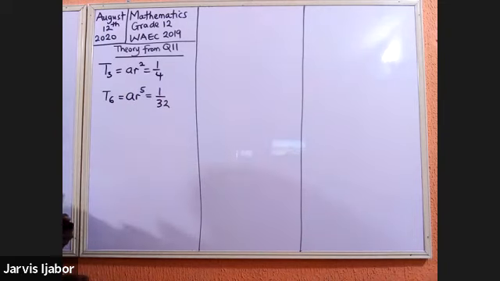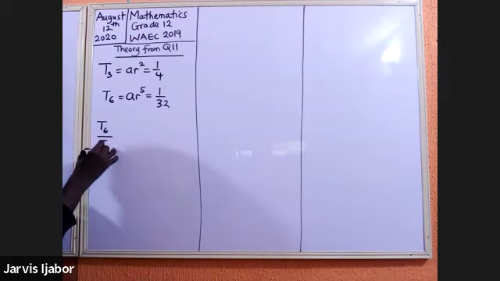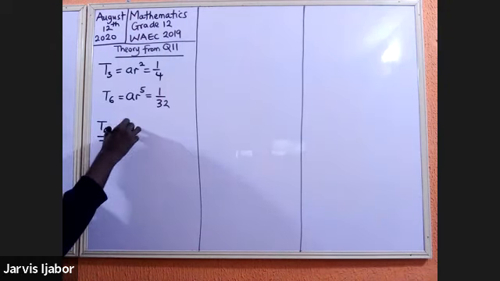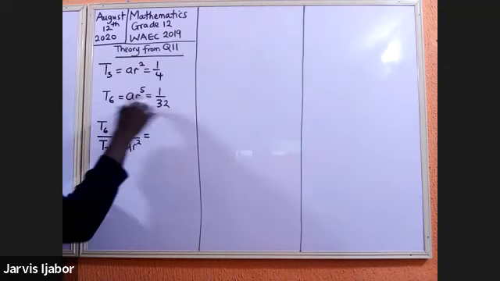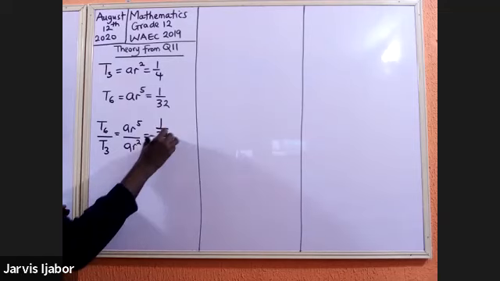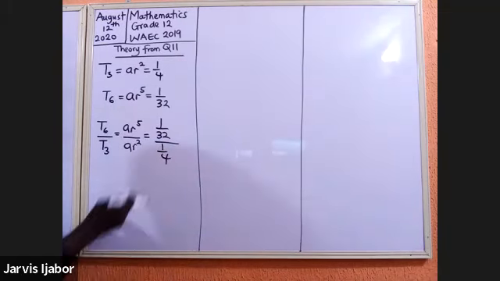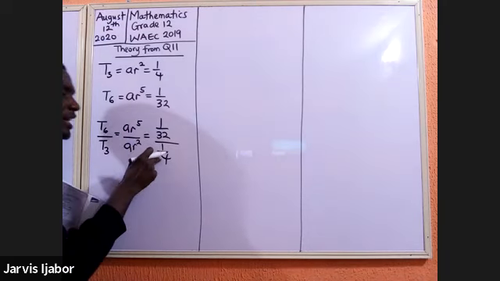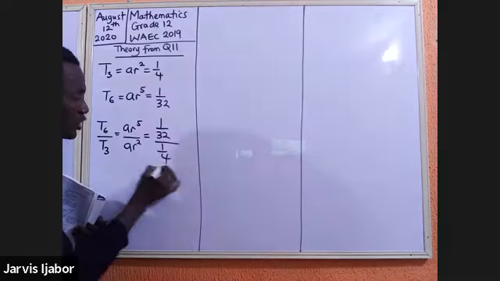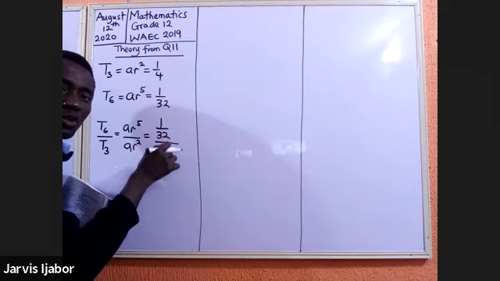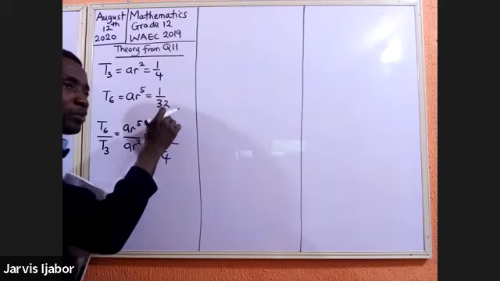It means that we can now say T6 over T3 will be equal to AR^5 over AR^2, and that will be equal to 1/32 all over 1/4. Take note of something: the denominator of a denominator is a numerator, and the denominator of a numerator is a denominator.